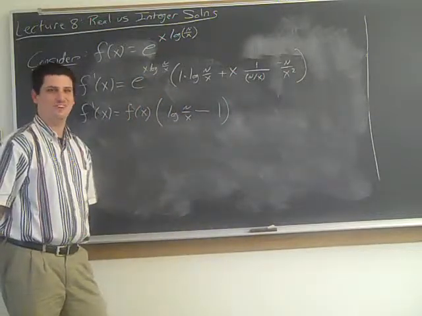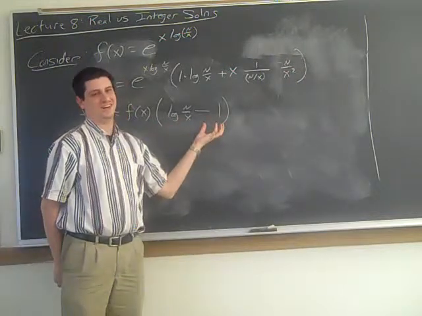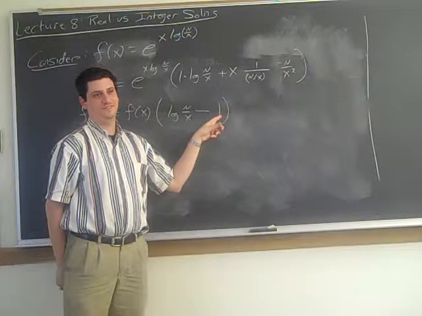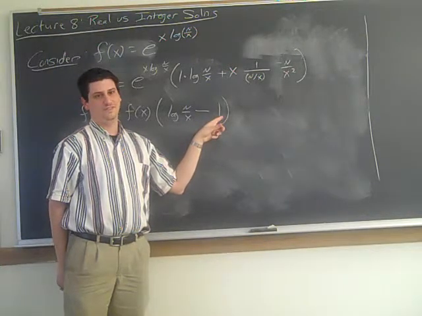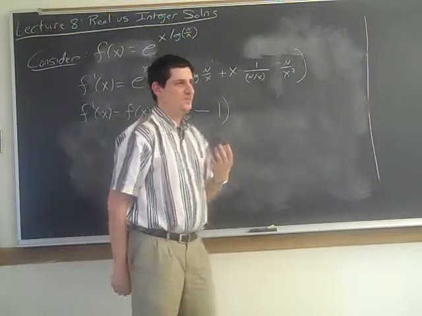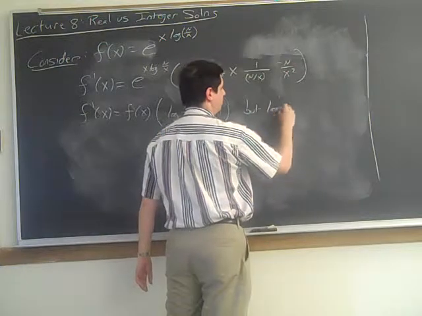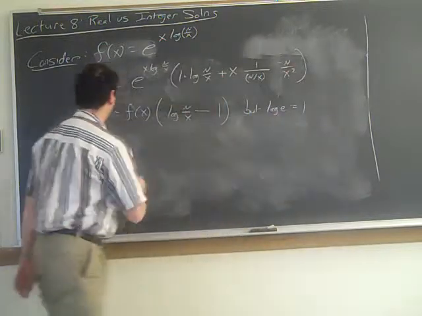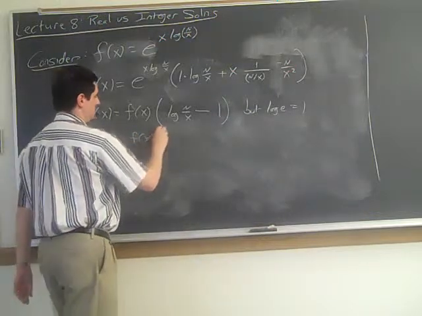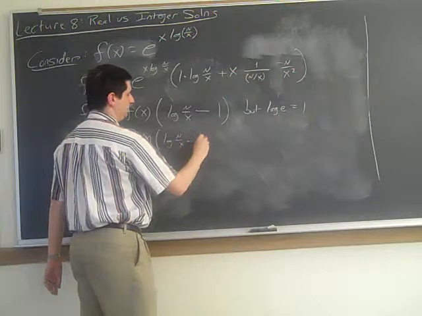Come on, isn't life good right now? I mean, look at how beautifully everything simplifies. And what is really negative 1? Or 1? The log of e, right? The log of e equals 1. So f prime of x is f of x times the log of n over x minus the log of e.